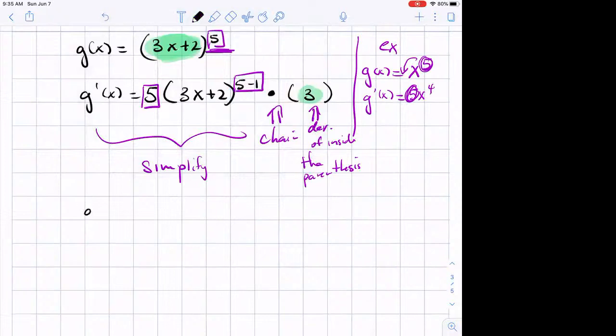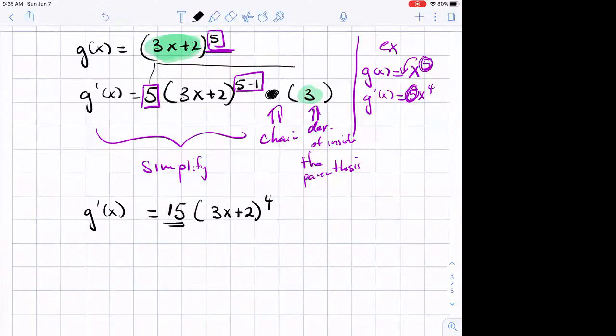g prime of x is equal to 15 times (3x plus 2) raised to the 4th power. Why 15? Because we have a product here. So 5 times 3 becomes 15.